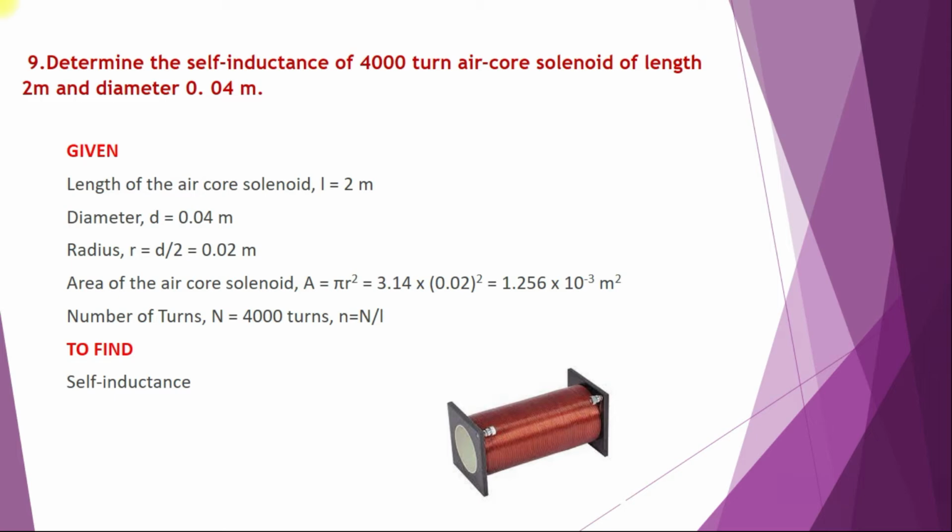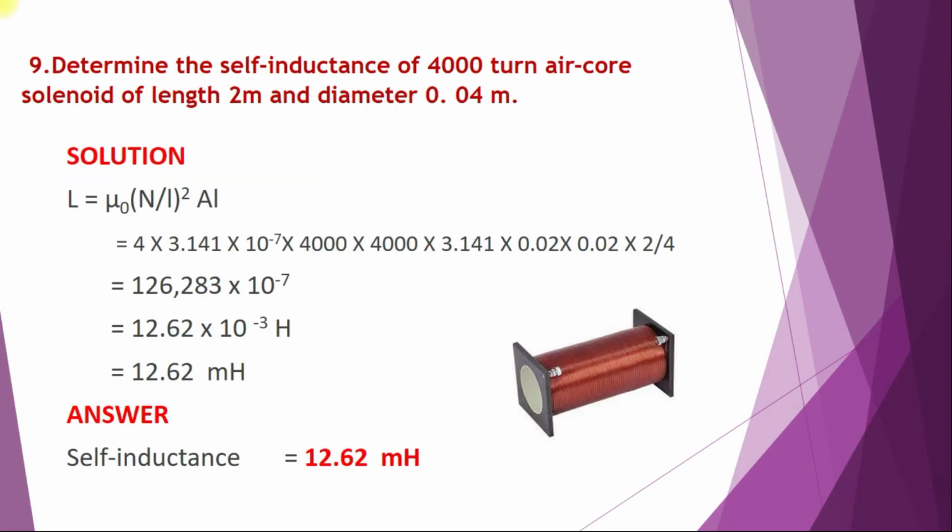And the number of turns N is given by 4000 turns. The small n is found using the formula capital N divided by L. We are supposed to find the self-inductance. So the solution starts with the formula L is equal to mu naught into N divided by L the whole square into AL. So now substitute the values of mu naught, N, L, A, everything from the given data.